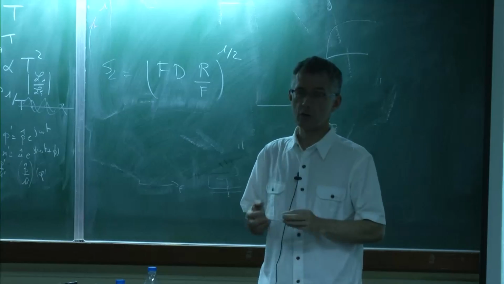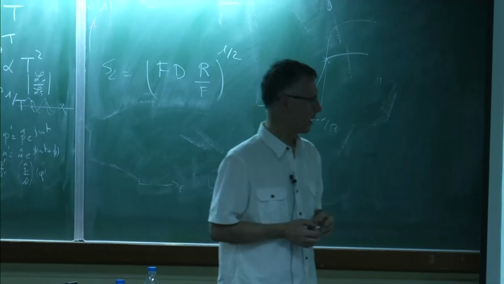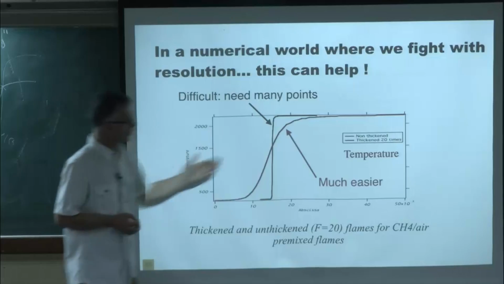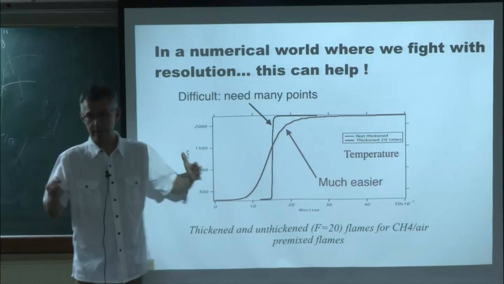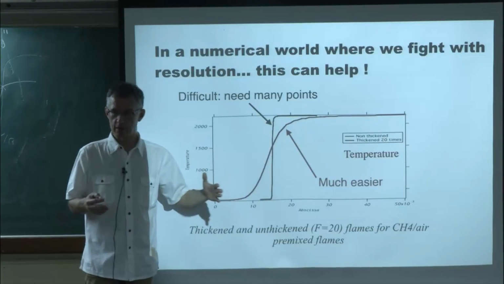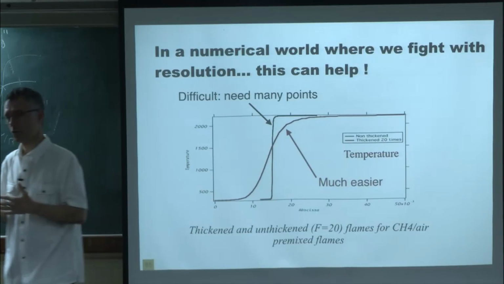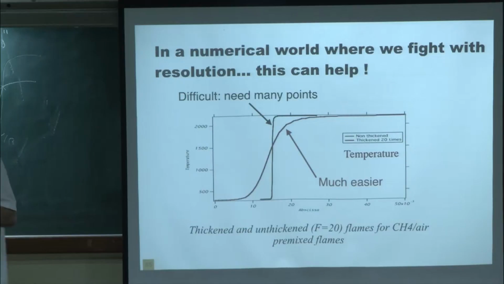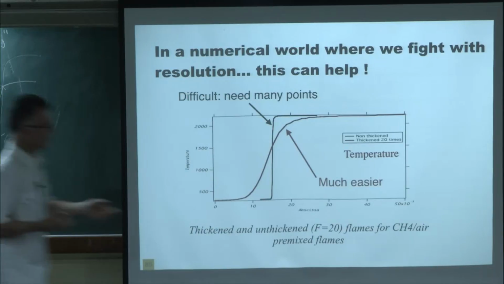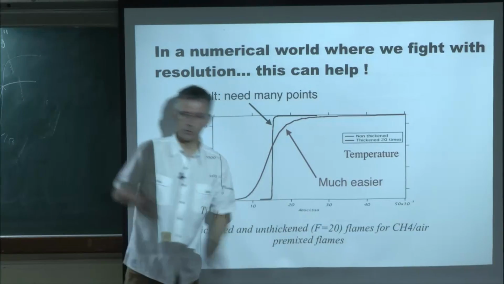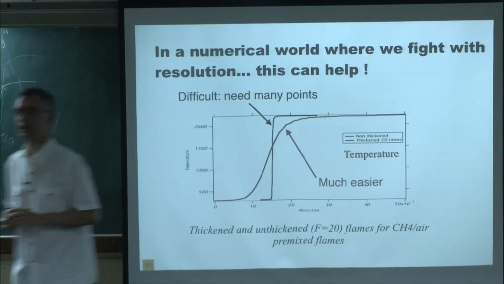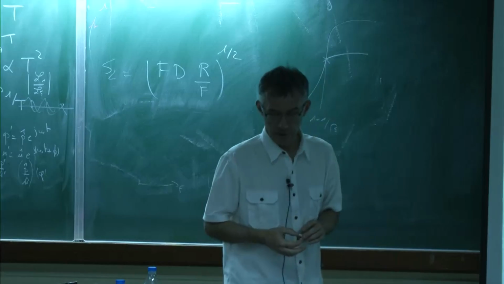So we're going to use that for the second flame model because it's a way to propagate a flame at the right speed, but with fewer points. I would say in the physical world, it has absolutely no interest. It's only interesting for CFD guys, because in the CFD world, if you can save 20 to the cube points, of course, it's pleasant. Okay? So we'll go back to that.